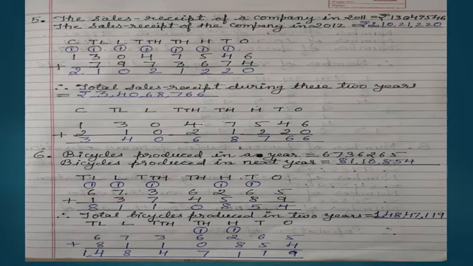So you will find the answer 1 crore 48 lakhs 47,119. So children, while doing all these questions, in every question you have to add the numbers, but it is very necessary to arrange the numbers correctly column-wise so that you get the correct answer.